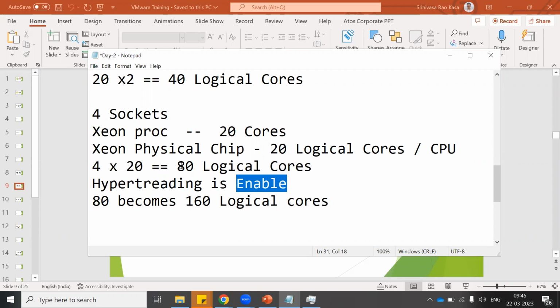What are the 160 logical cores? In a given second, it can execute 160 instructions. Okay, got it. With that we achieve high performance. Got it. Thank you.